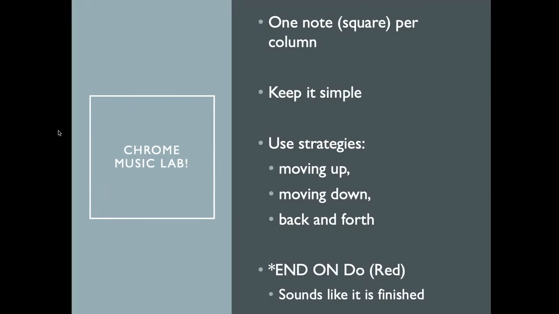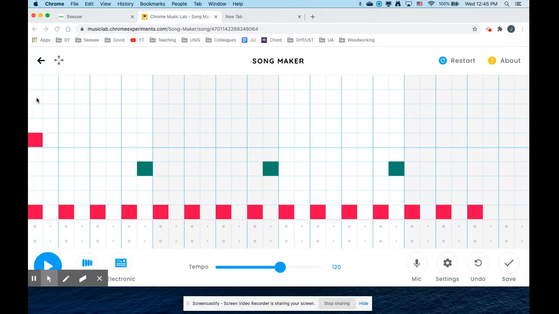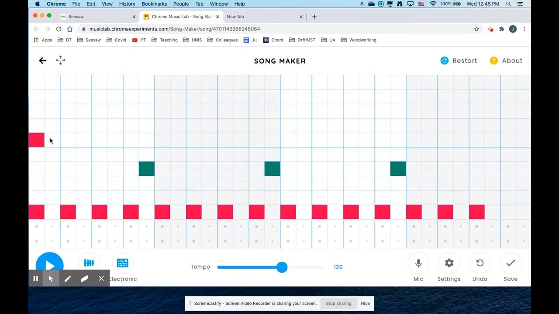Our next idea, keep it simple. Do not try to right away make it like the most fancy and complicated melody, okay? So we're just going to use some simple ideas. One of them is going to be, and we call these strategies, by the way, moving up. So you could choose to move up by starting somewhere and then making a diagonal line. Let's hear that.